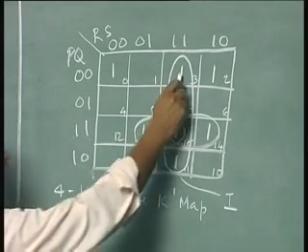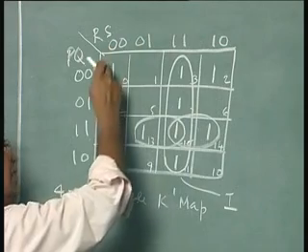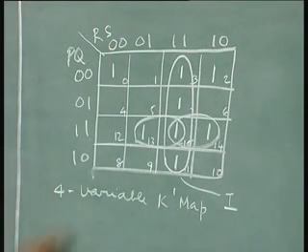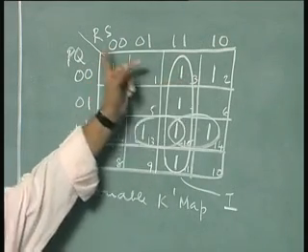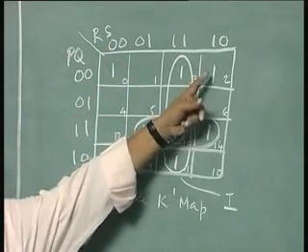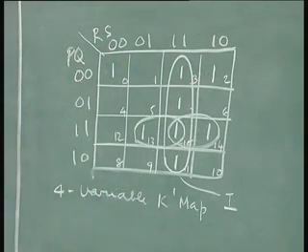Here though, I don't have to combine it this way, because this cell is adjacent to this cell. Because this is 0, 0, 0, 0, this is 0, 0, 1, 0. R changes from 0 to 1. Between these two cells, 0 and 2, R changes from 0 to 1, whereas P, Q and S remain 0, 0, 0.